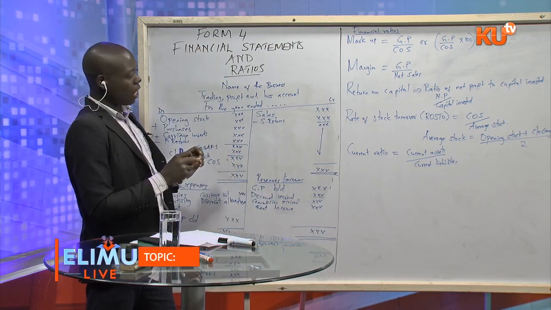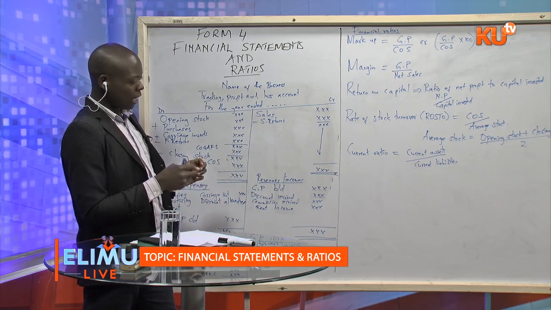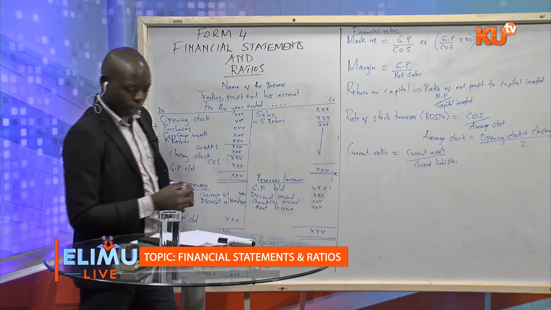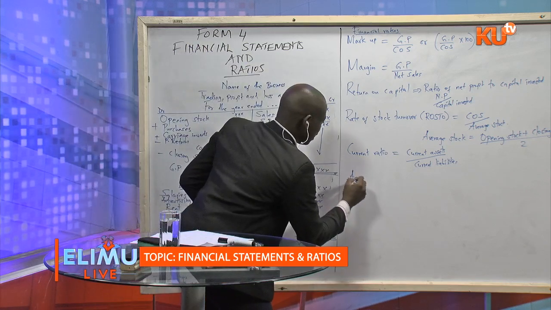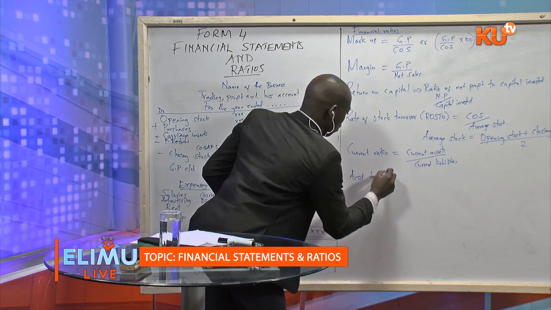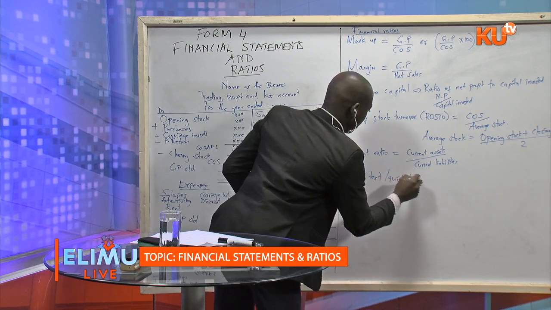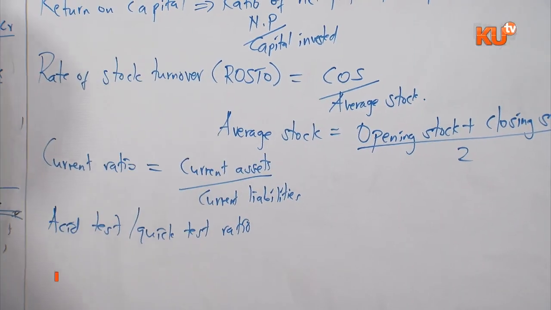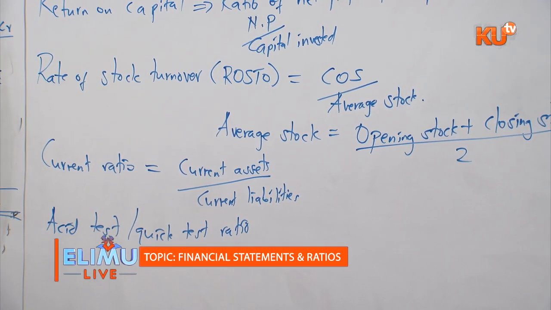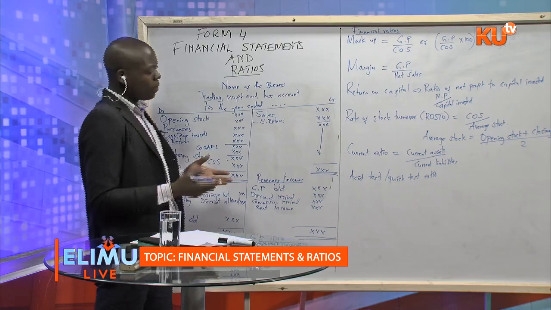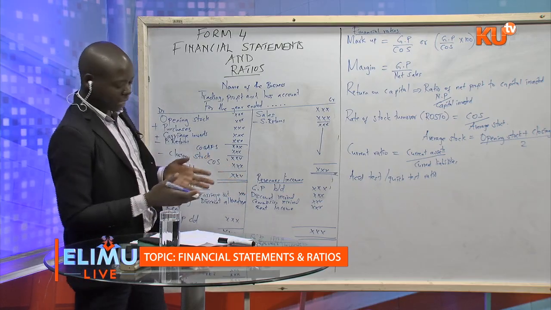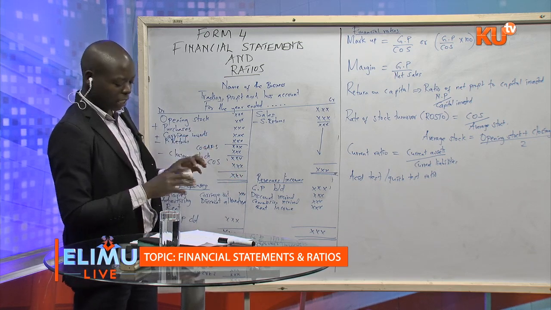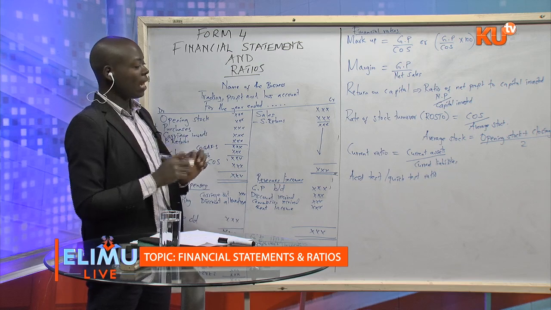However, there is also a ratio that I will ask you to look at, what we call the acid test ratio or the quick test ratio. Though in our question we may not calculate this, it is a ratio that is helpful to show how the business is going to convert current assets in order to settle the current liabilities.